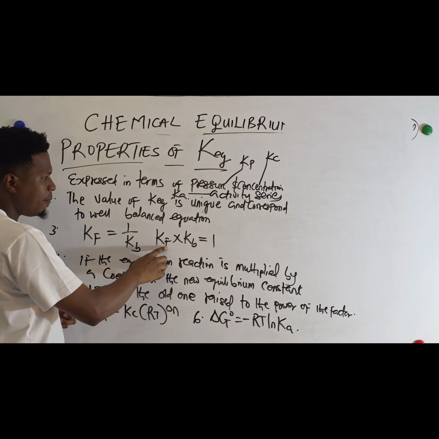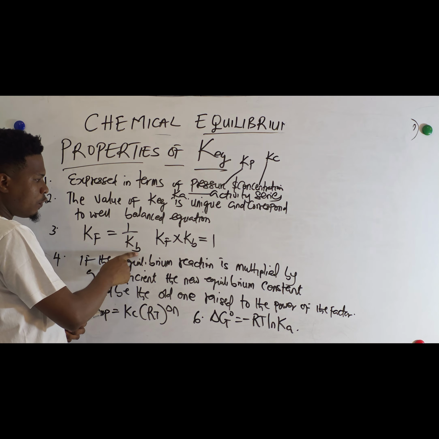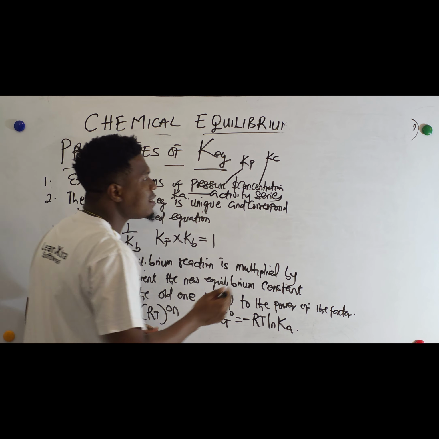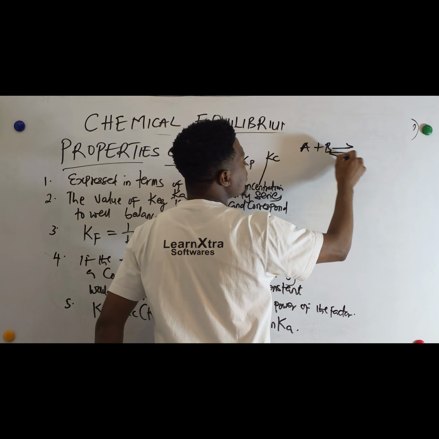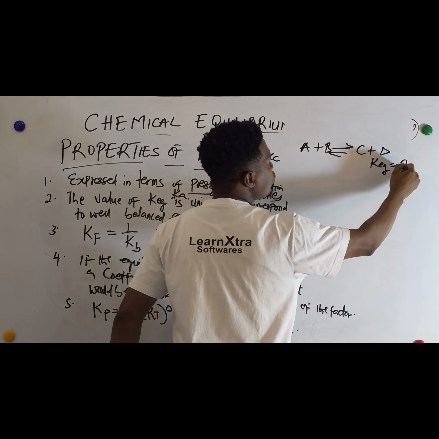So Kf stands for equilibrium constant for forward reaction, and Kb stands for equilibrium constant for backward reaction. What I mean is that if I have a reaction A plus B to give us C plus D, and the equilibrium constant, let's say, is 2.